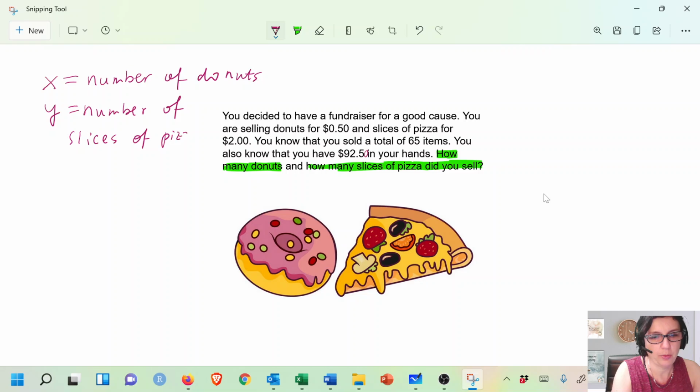Okay, now that we figured out what's X and what's Y, we are going to try to come up with equations. Now here's how we're going to come up with equations. So first of all, let's see if we can convert this part here into an equation. If you see the word total, always think sum, add.